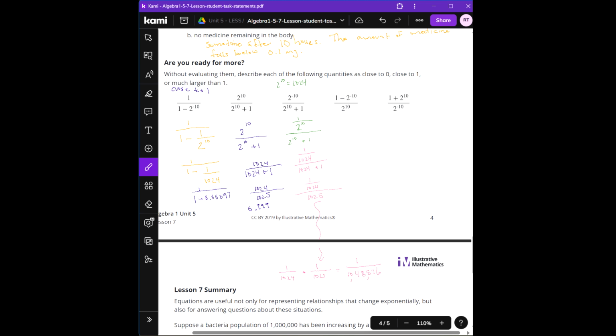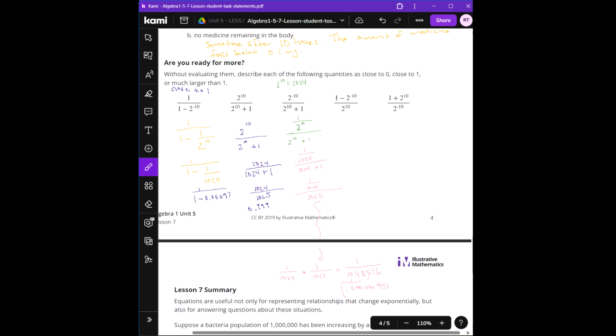1 divided by 1,048,576 is equal to like 0.0000000, I think like 953.